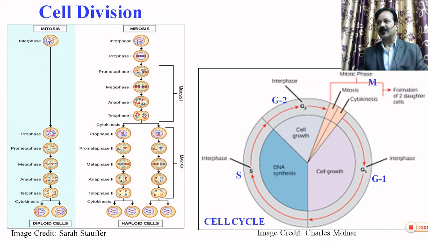In eukaryotic cells, the cell cycle is divided into two major phases, that is interphase and the M phase. For example, this is the total cycle, this one is the interphase, and this one is the M phase, called either mitosis or meiosis.